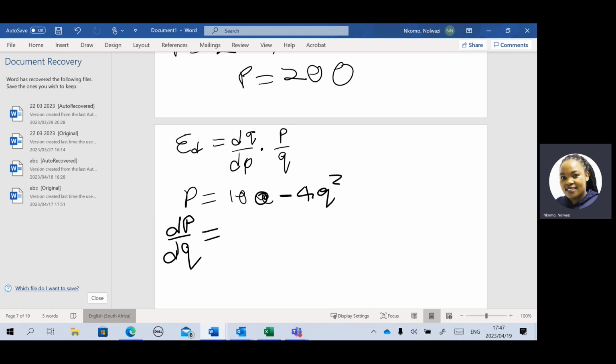But the derivative of minus 4Q squared gives us minus 8Q. This is dP over dQ.